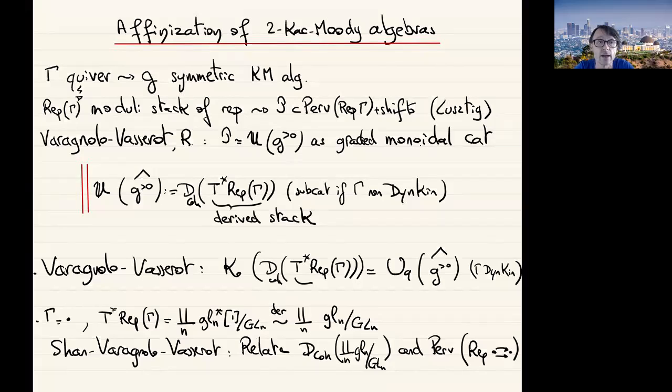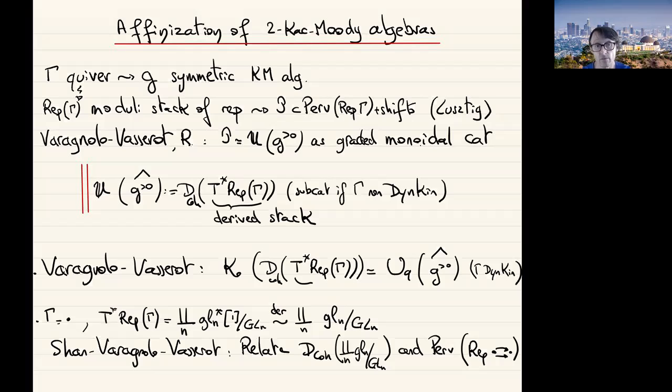Instead of looking at constructible sheaves or D-modules on our stack, you can look at coherent sheaves on the cotangent bundle. But you have to take the cotangent bundle not as a stack, but as a derived stack. So you consider this derived stack and look at the derived category of coherent sheaves on it.